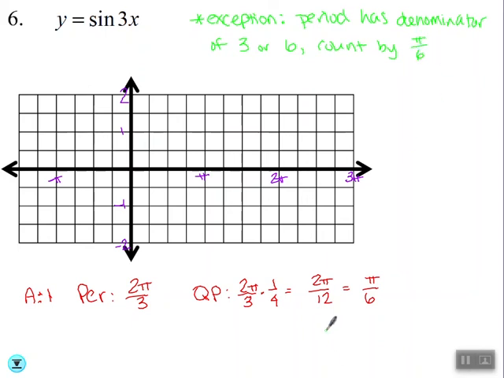I will allow you to count by pi over 6. So I'm going to change how I've labeled my x-axis.